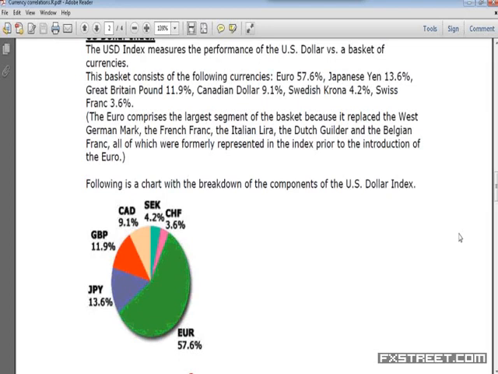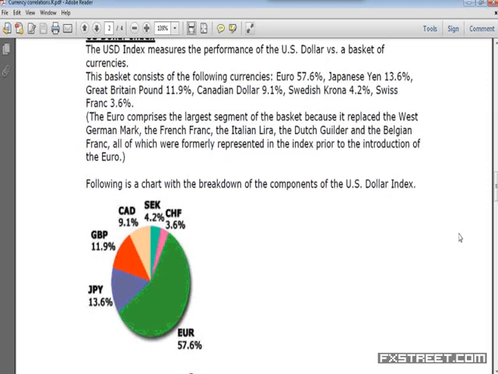Obviously, the correlation of the USD index with the euro is very, very strong. Very similar to the USD CHF, which we saw. The USD index has an absolutely strong inverse correlation with the euro.